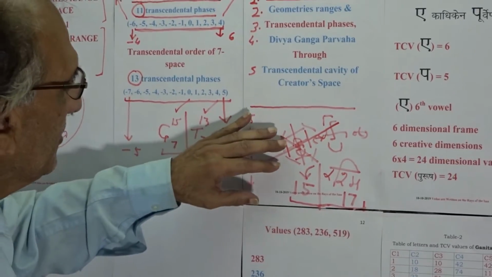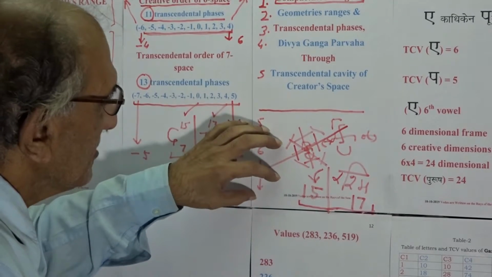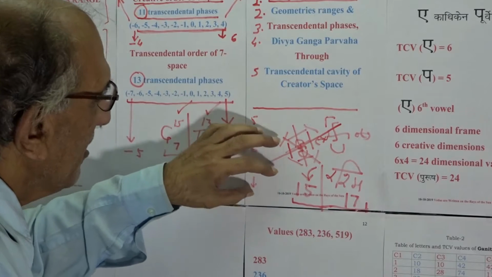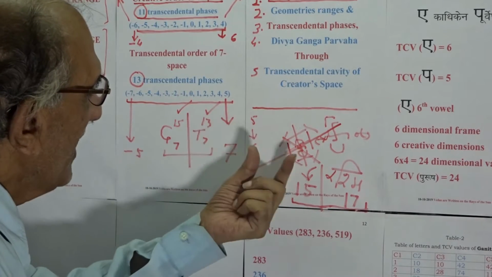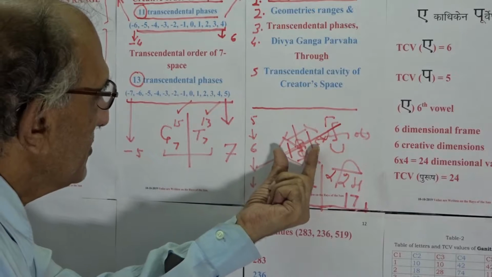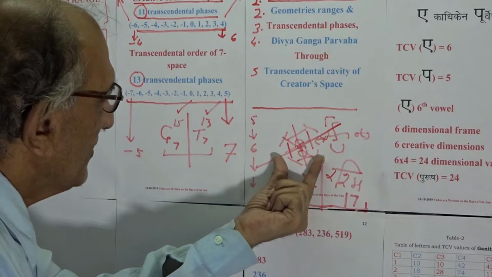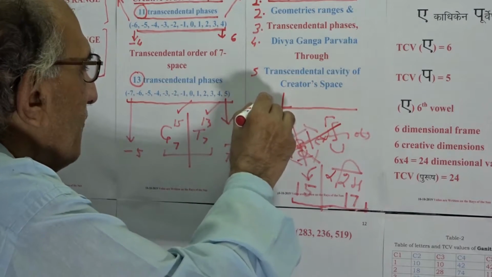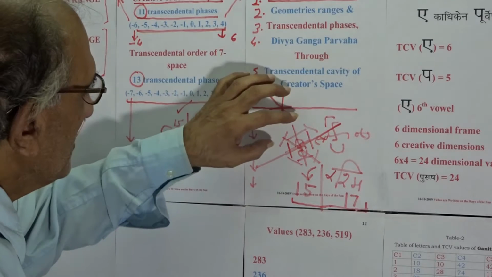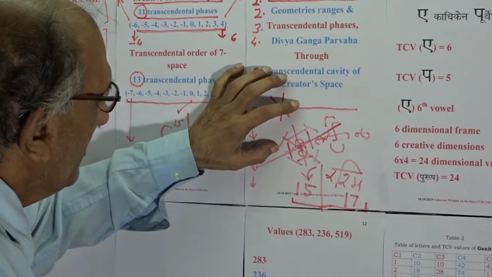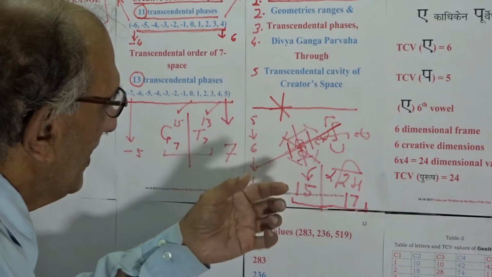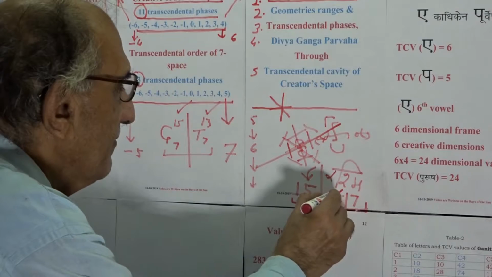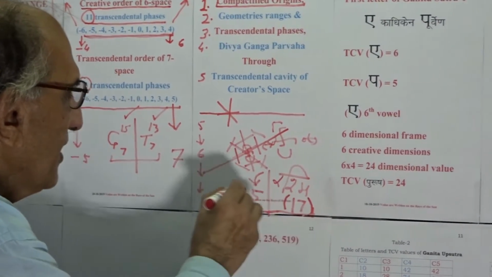So within creator's space, at its transcendental cavity, at the seat of a transcendental origin, is a solid dimensional frame of 5 dimensions availability. And this solid dimensional frame of 5 solid dimensions of value 15 as a domain will be creating Rashmi. It is this creation of the rays of the sun.